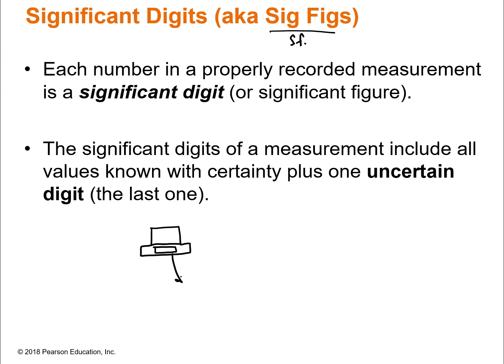Let's say that display said something like 1.234 grams. Now, right, this is a scale. This last digit is the uncertain digit.